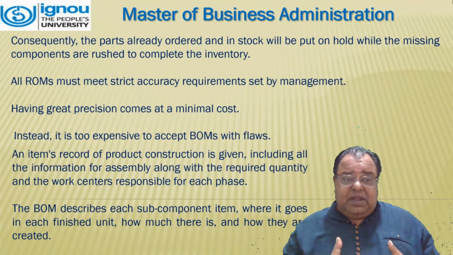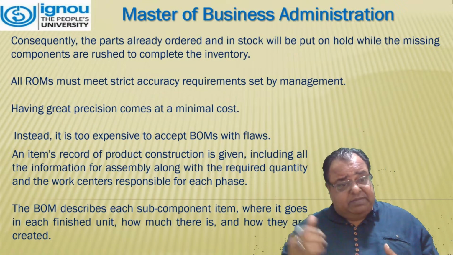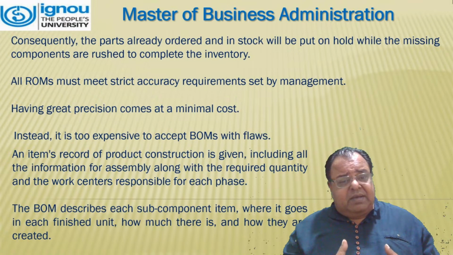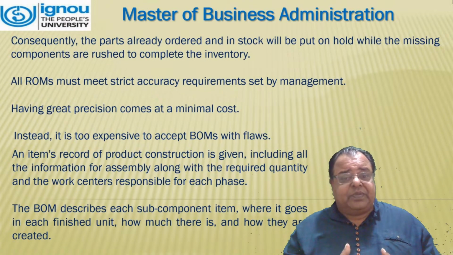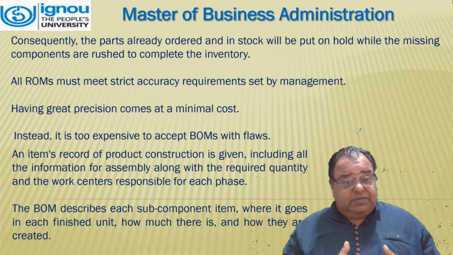All BOMs must meet strict accuracy requirements set up by the management. Having high precision comes at a minimum cost. Instead, it is too expensive to expect BOMs with flaws.